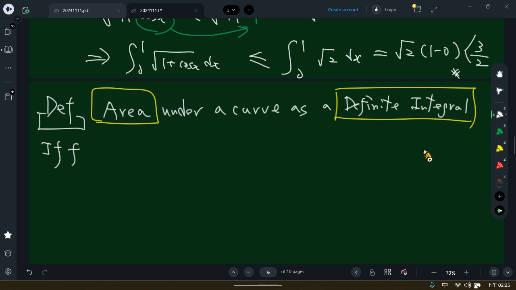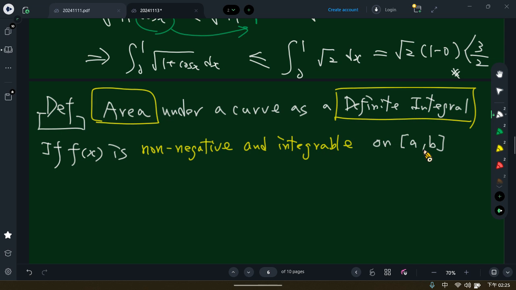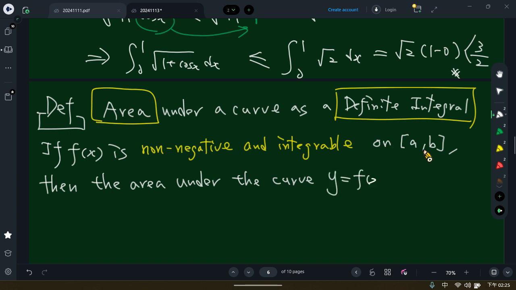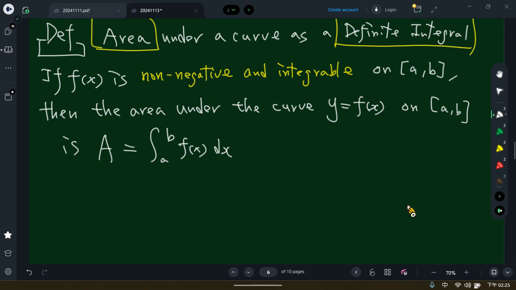So if f of x is non-negative and integrable on [a, b], then the area under the curve y equals f of x on [a, b] will be the same as the definite integral.